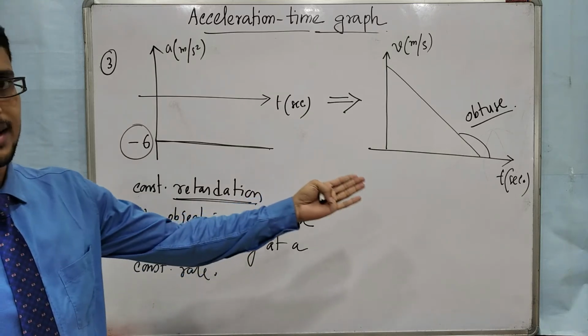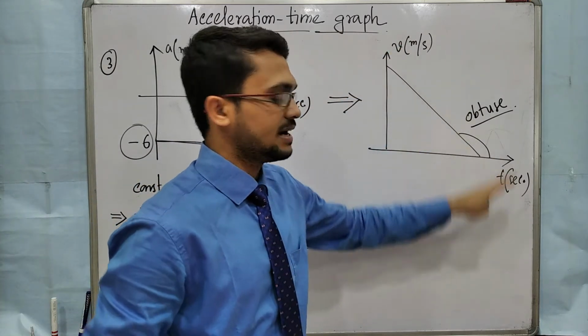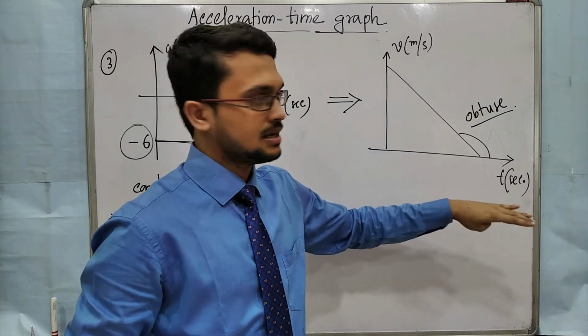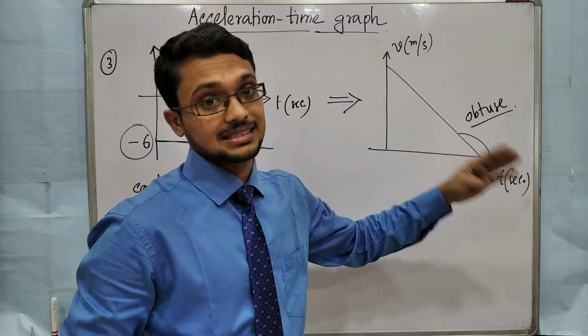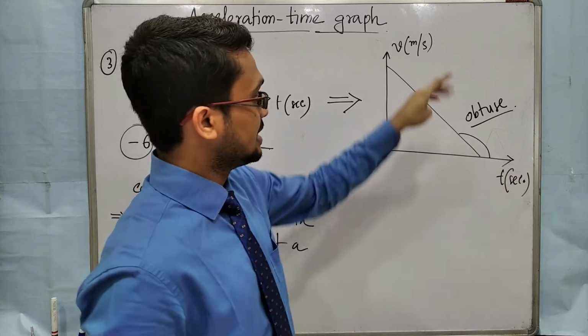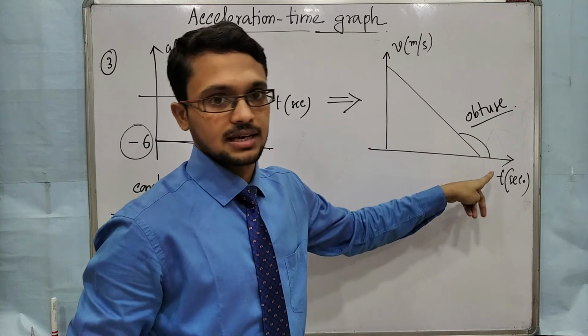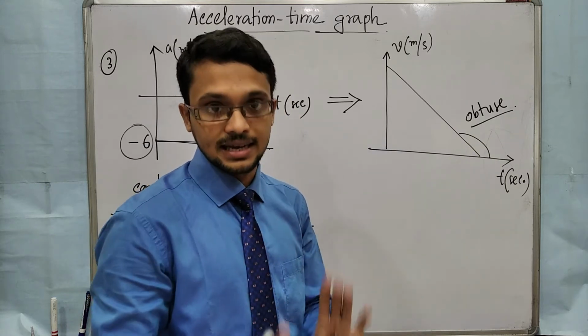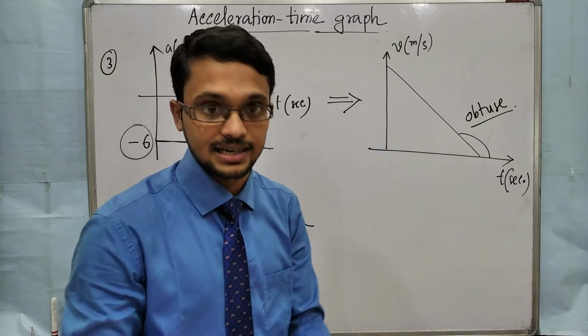Velocity decreases, and you can tell acceleration is negative. The ratio v by t is negative. If it is an acute angle, then the v by t ratio will be positive, that means acceleration is positive and velocity is increasing. Here the ratio is negative because it is an obtuse angle. The slope will be negative, that means velocity is decreasing, that means retardation.